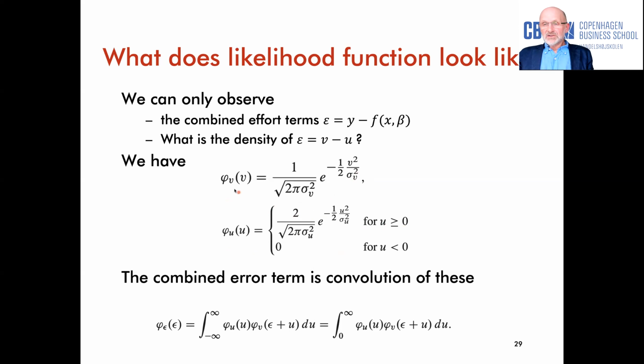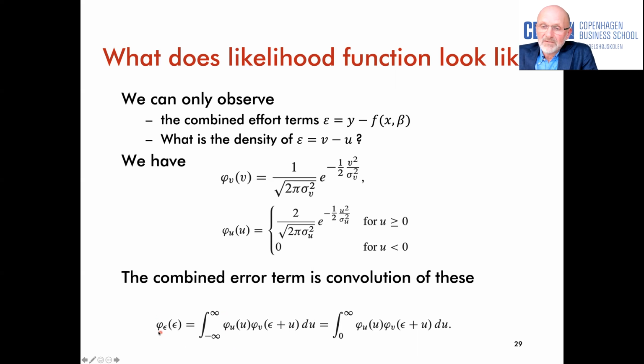So now I need to take values from this distribution and subtract values from this distribution. And I need to figure out what the distribution of the difference between V and U is. To find the distribution of a sum or a difference of random variables, we call that a convolution. And basically, this is what I'm trying to describe down here.